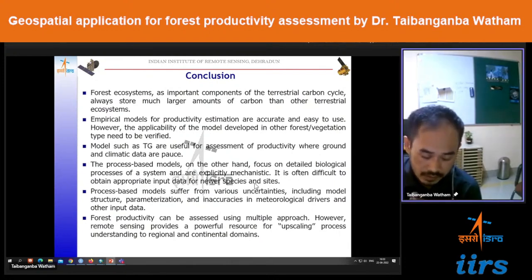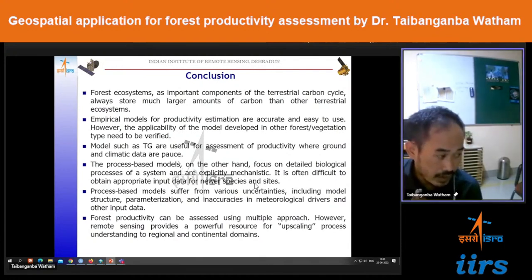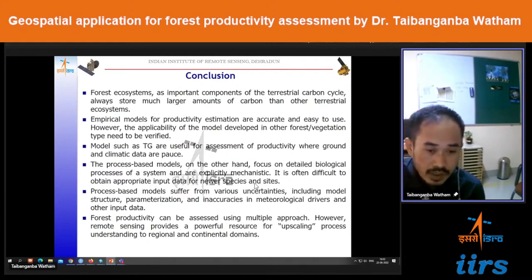Then one more among those models is the temperature greenness model. Such a model is useful when there is very limited demand for input data, like all those data which we need as an input for assessing the vegetation productivity can be derived from remote sensing data.